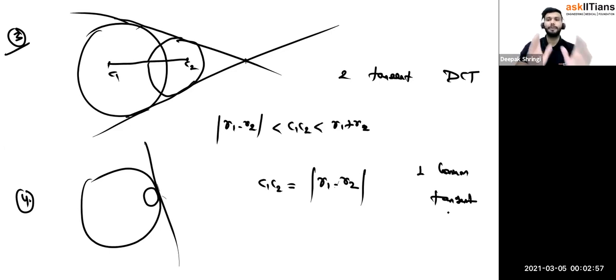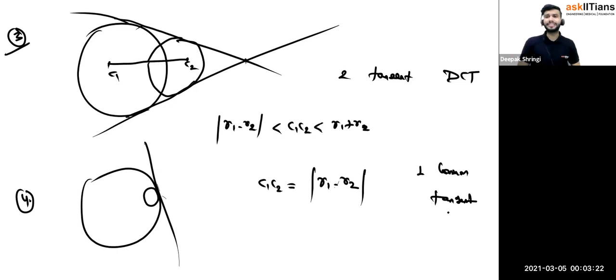Let me give an example. R1 is 2 and R2 is 5. 2 minus 5 will be minus 3. Now you are saying that C1C2 is equal to R1 minus R2. Distance between centers is equal to minus 3. What kind of statement is it? Distance is minus 3. That's not possible, man. It's distance, it's not displacement. It has to be always positive, right?